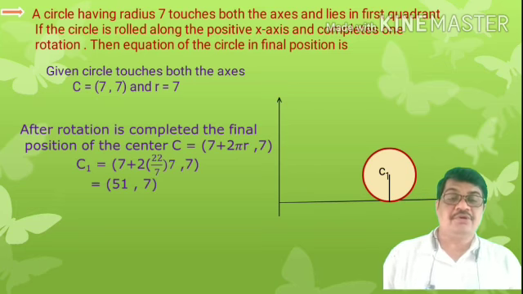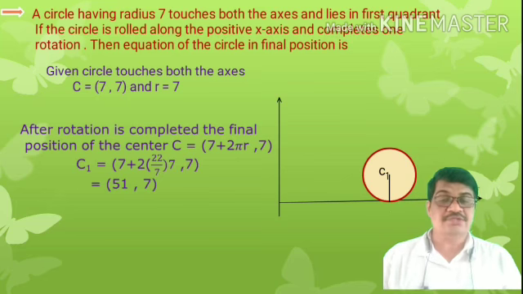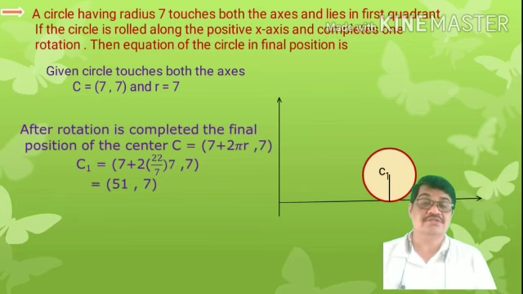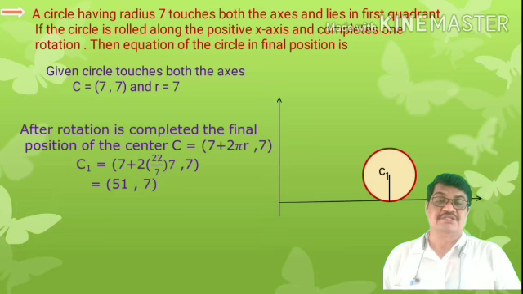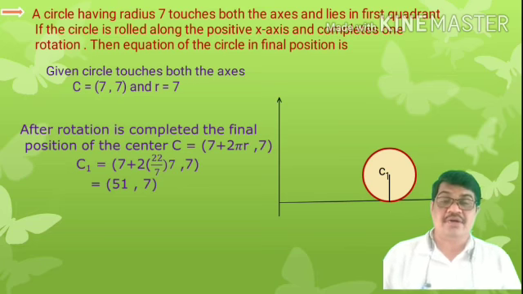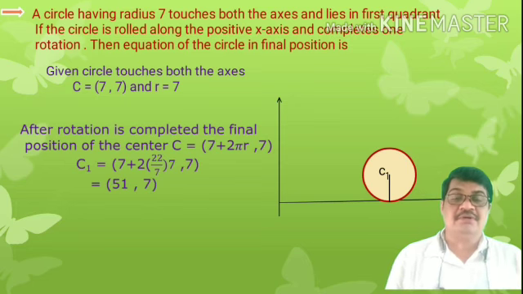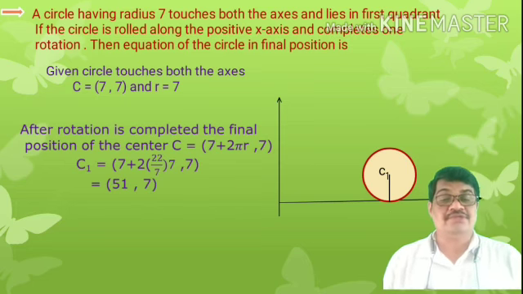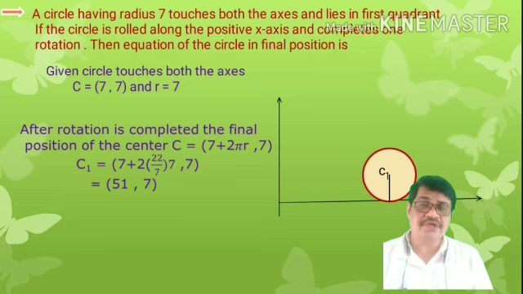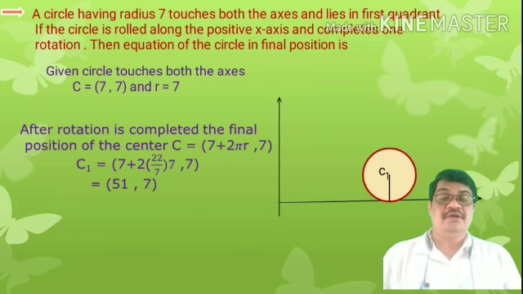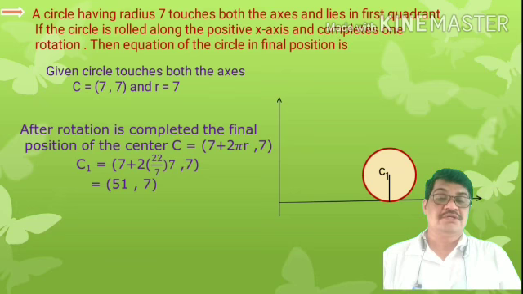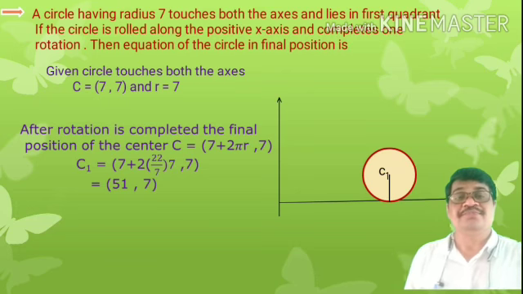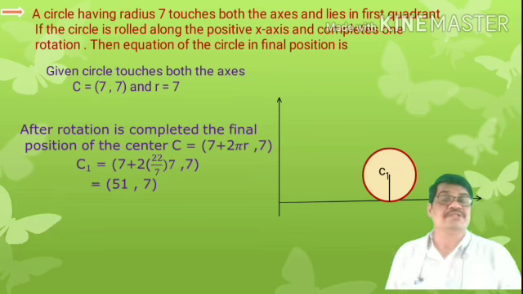So we have to substitute the pi and r values. The circle center C1 is 7 plus 2 into pi, which is 22/7, and r is 7, and the y coordinate is 7. After simplification, the center of the required circle is (51, 7). That is the center of the final position of the required circle.